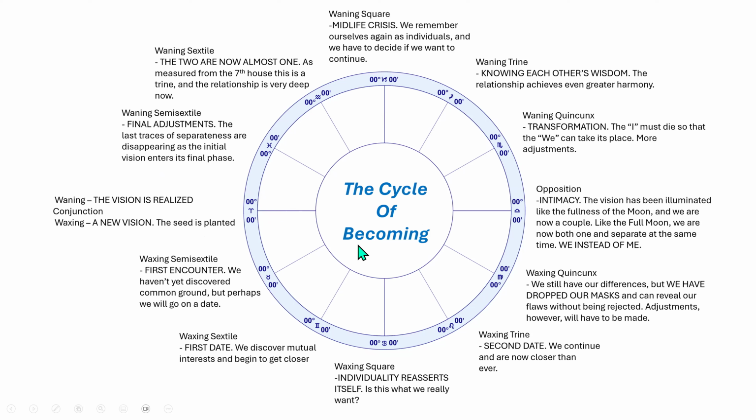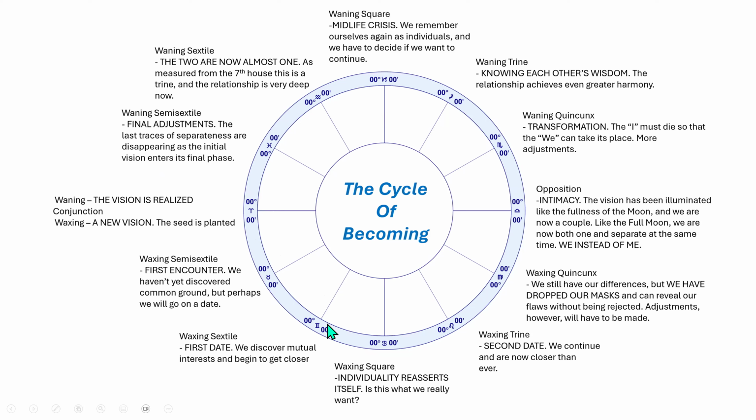Okay, so this is my interpretation of the cycle of becoming, and I go over this because harmonics are also going to be angles in a chart. And my contention is that every angle ultimately has to be interpreted according to where it falls within the cycle of becoming.